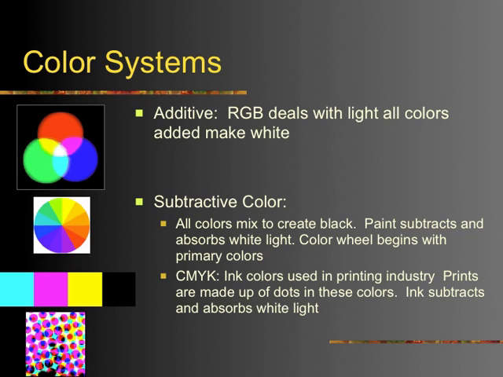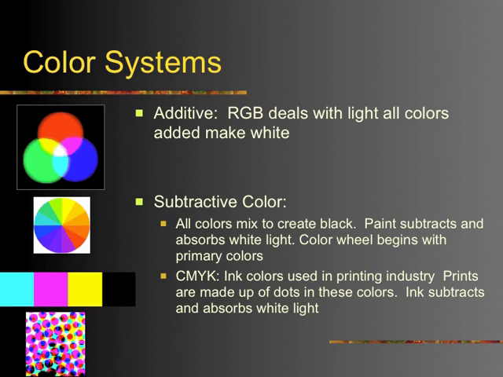In art, we use a variety of color systems. The first one is an additive system, which is based on light. RGB, red, green, blue, are the primary colors of this light system. We use RGB when we're on the computer doing digital photography, animation, and things like that. Subtractive color are all of the rest.